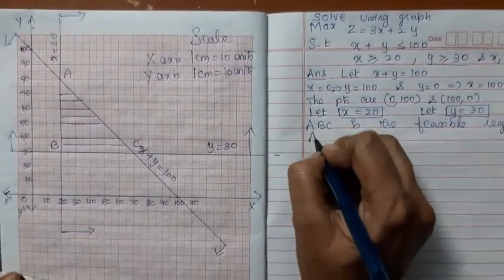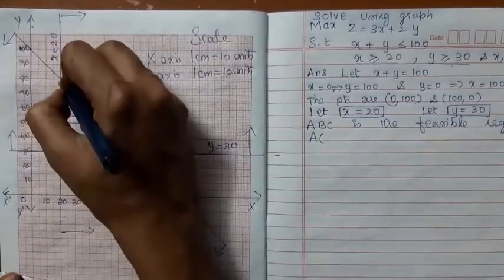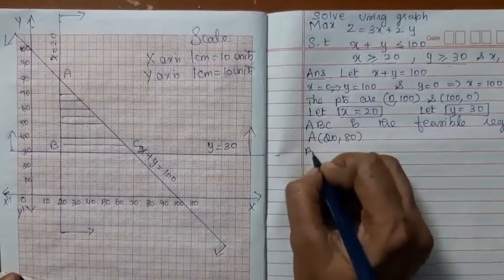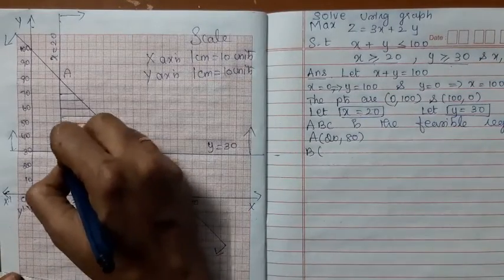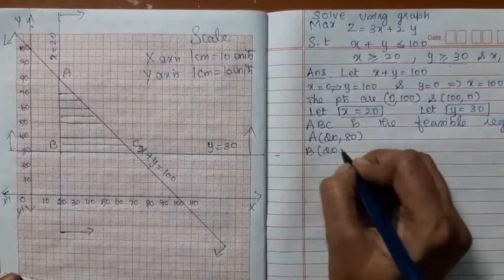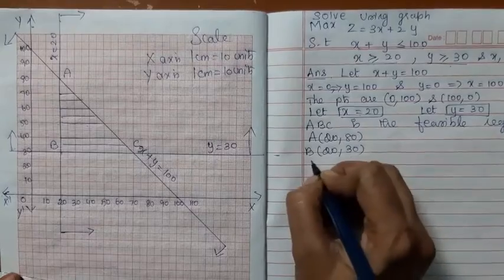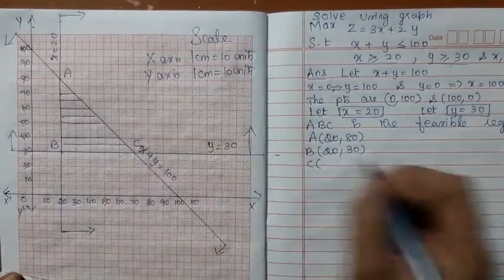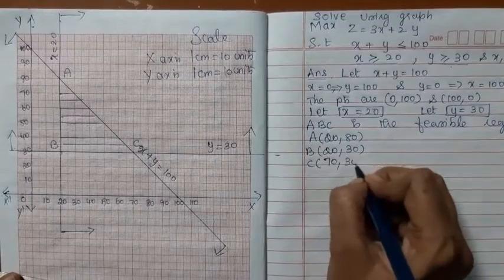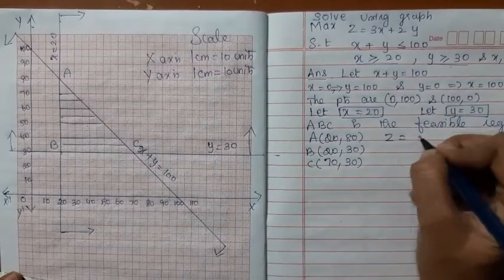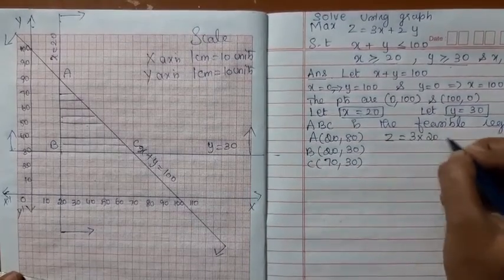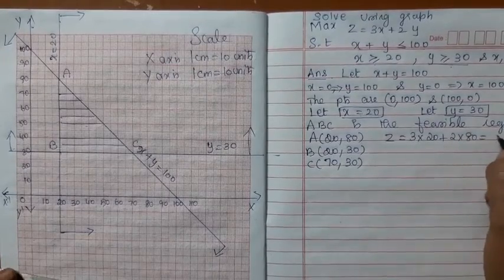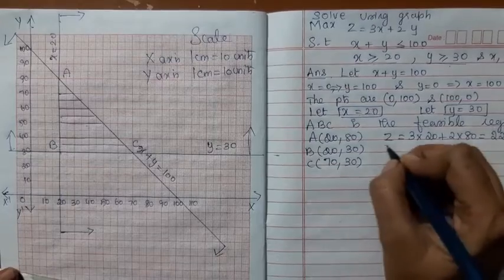So what is your A? It is 20, 80. What is your B? It is 20, 30. And what is your C? It is 70, 30. So here Z is 3 into 20 plus 2 into 80, 60 plus 160, 220.